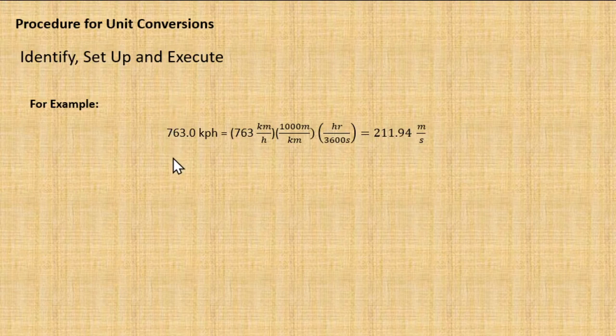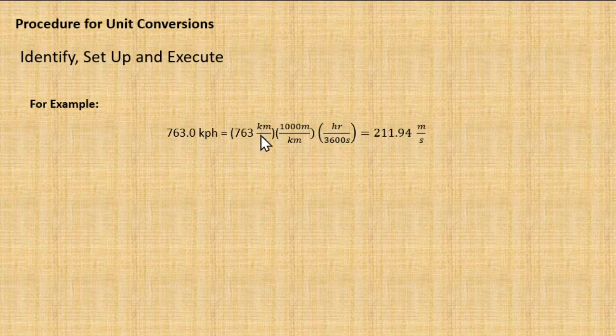For the execute step, we apply multiplication, cancellation or division for the procedure of unit conversions. For example, we have 763 kph, equal to 763 kilometers per hour.